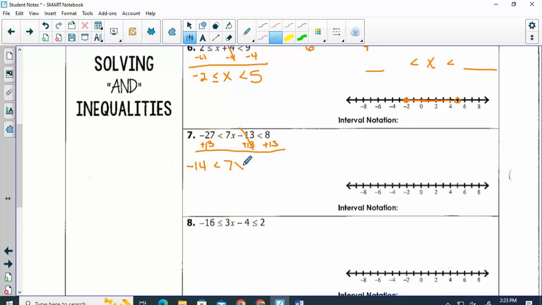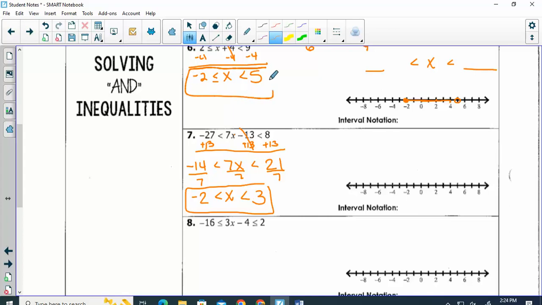It's less than 7x. It's less than 21. Okay, I need just x in the middle. So what would I do now? And get that x by itself. So I have negative 2 is less than x is less than 3. So that's actually my answer.